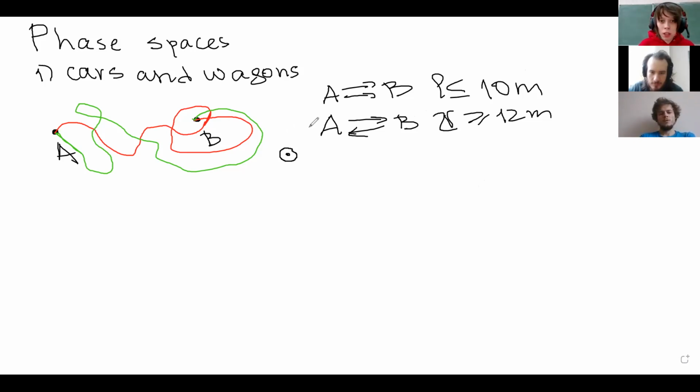Is it possible for the wagons to go this way without colliding?